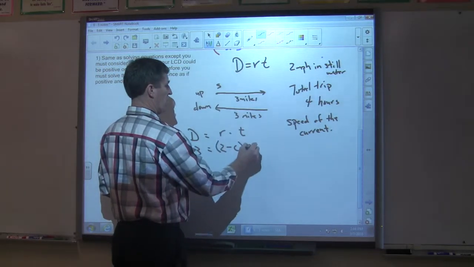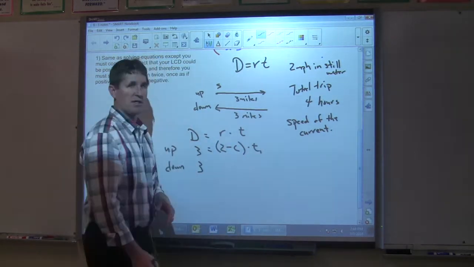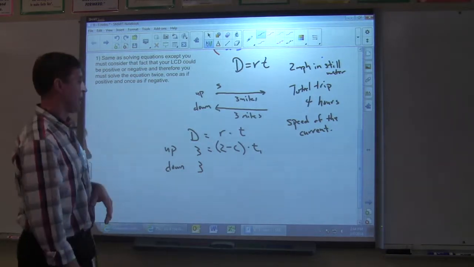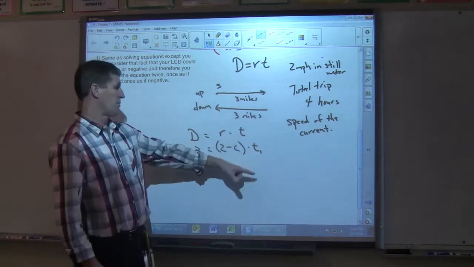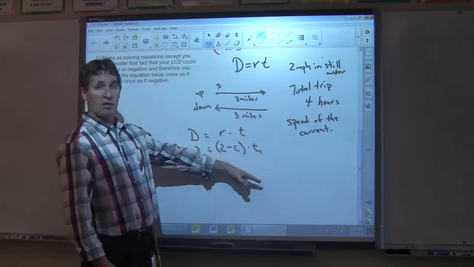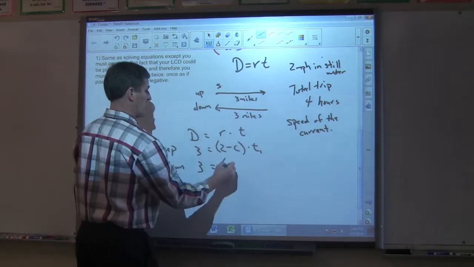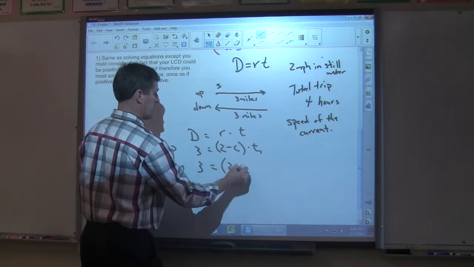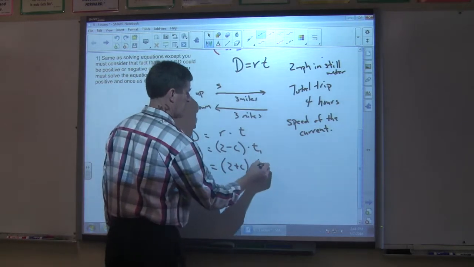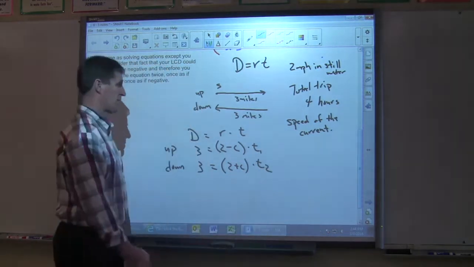And we don't know how long it takes, because we only know the total trip time. We don't know upstream and downstream times. We would know that upstream would be slower than downstream. Coming back, we know the rate would be 2 plus c times, again, the time is going to change.